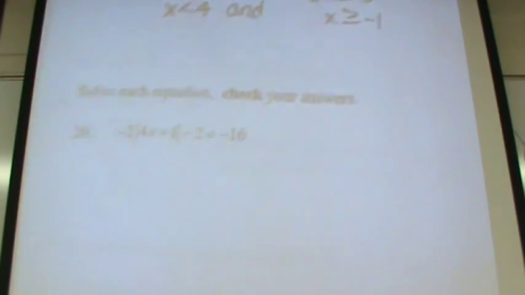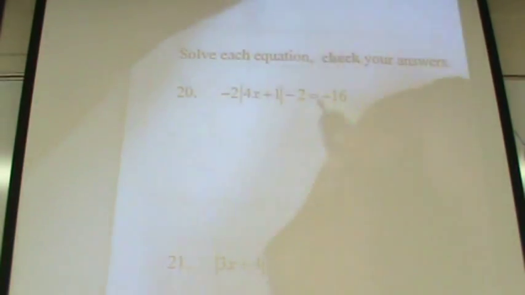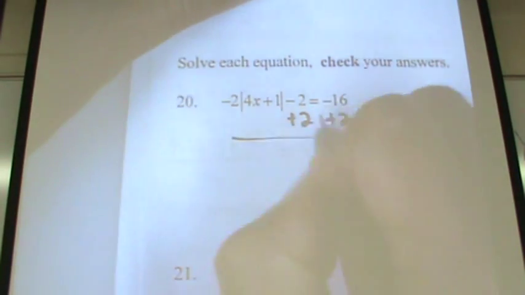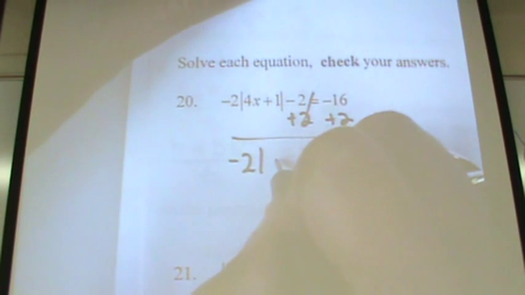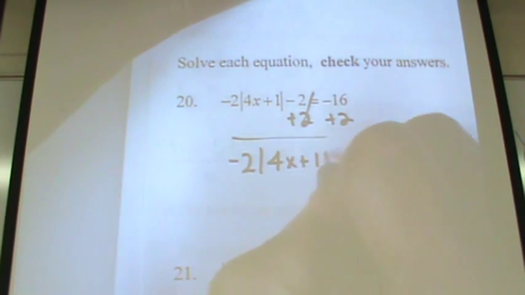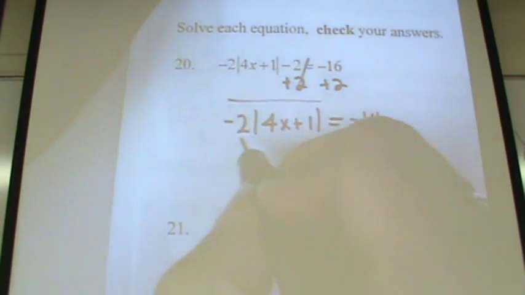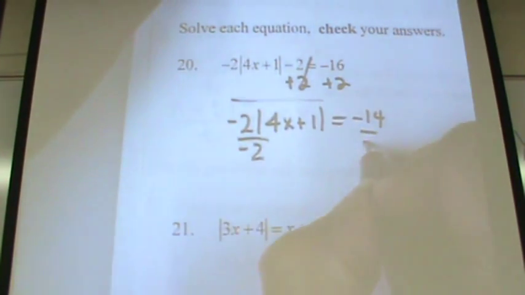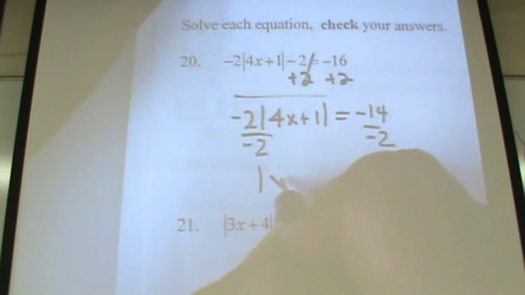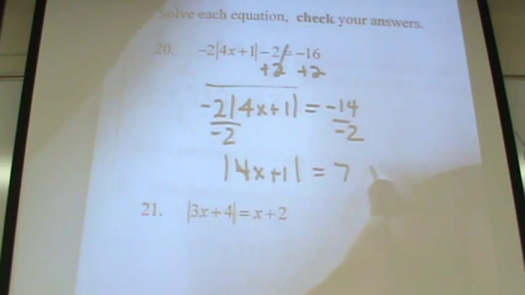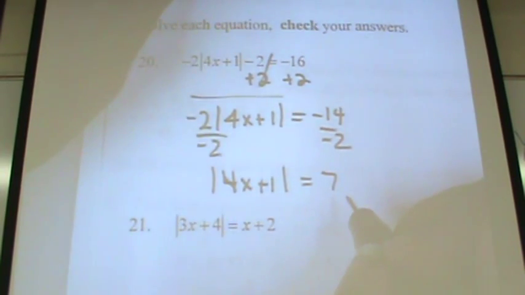Number 20, you are going to first get rid of this 2. Let's add 2. Negative 2, absolute value 4x plus 1 is equal to negative 14. Then divide both sides by negative 2. Absolute value of 4x plus 1 equals 7. Now, if this is a positive number, you can continue. How do you continue?